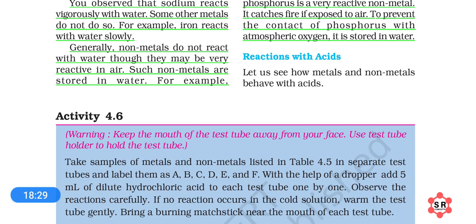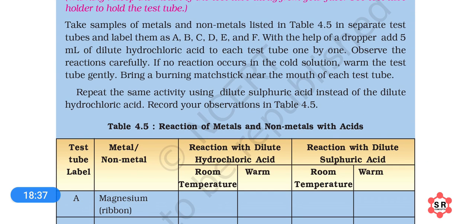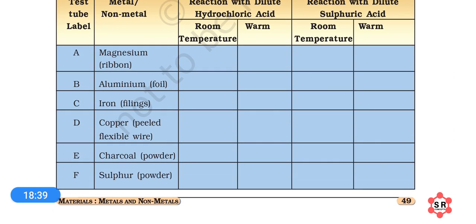Now, reaction with acids. Let us understand how metals and non-metals react with acids. For this purpose, we will collect some metals like magnesium, aluminum, iron, copper, right? And some non-metals like charcoal, that is carbon, and sulfur. We will react them with dilute hydrochloric acid and sulfuric acid. We will see that some of the metals react with both hydrochloric acid and sulfuric acid at room temperature.